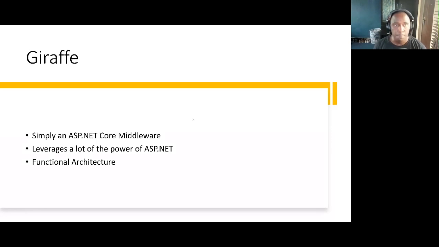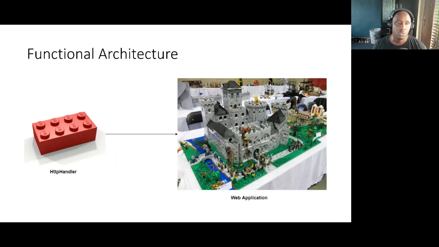So it's quite cool, and what makes it unique is that it's built upon a functional architecture. Okay, so that now brings us to the functional architecture. In functional programming, functional architectures are typically like building Legos. You have a small unit, which is typically a function, and then it gives you ways of assembling those functions together to form more complicated structures or more complicated functions.